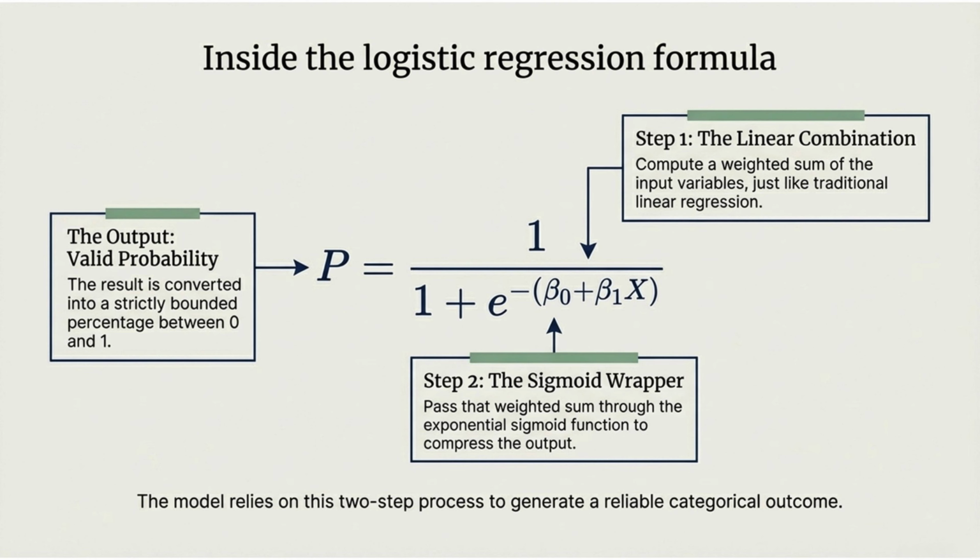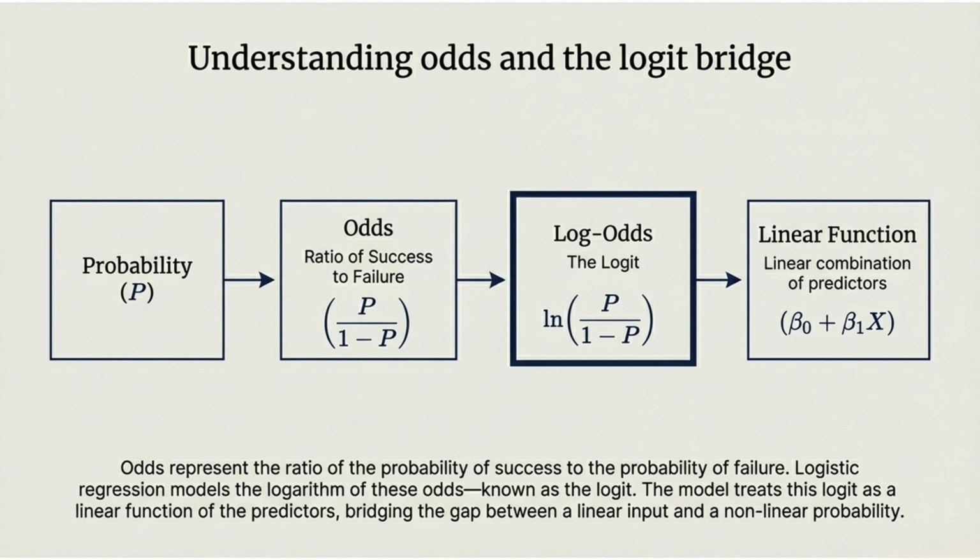In simple terms, we first compute a weighted sum of inputs and then pass it through the sigmoid function to obtain a probability.